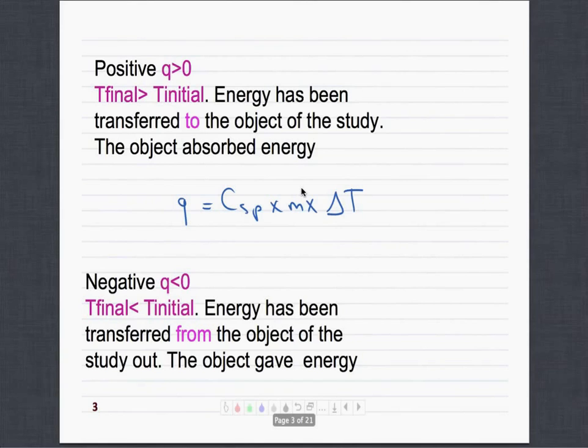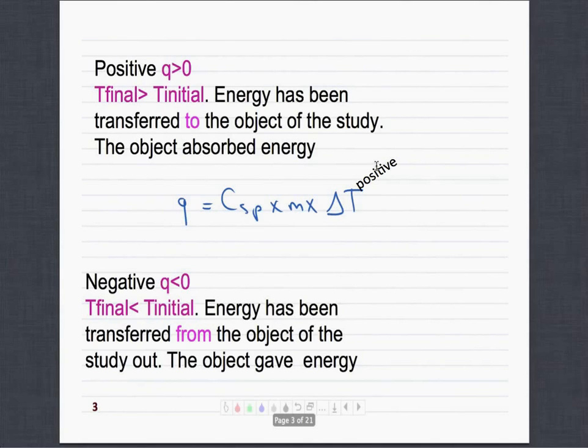So delta T is the one that can be negative or positive. If Q is positive, that implies that delta T is positive. And if delta T is positive, that means T final minus T initial is greater than 0. Therefore, T final is greater than T initial. In other words, when the system temperature increases, Q is going to be positive.